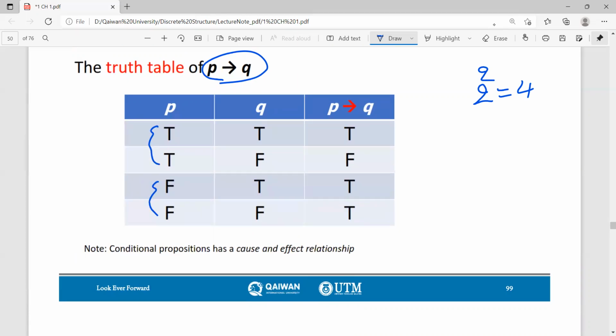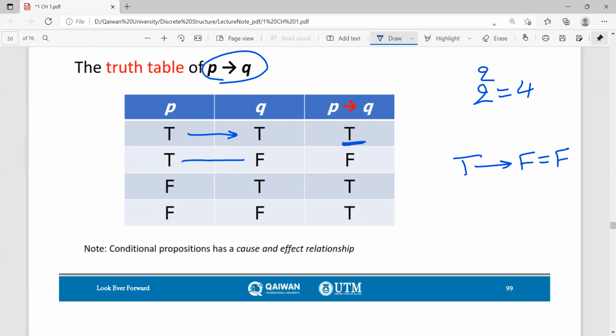And for the second column, we make this 2 parts and this 2 parts. True, false, like that. So now we have true, then true. Look, both are true, so the result is true. We say in only one case it's false. If the first one is true and the second is false. In only this case, it's false.